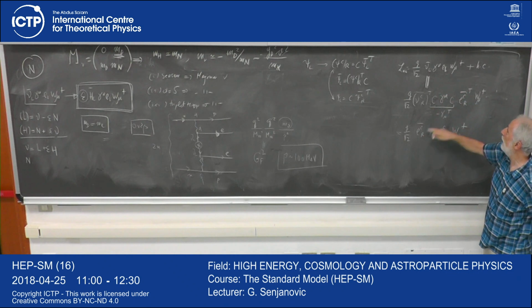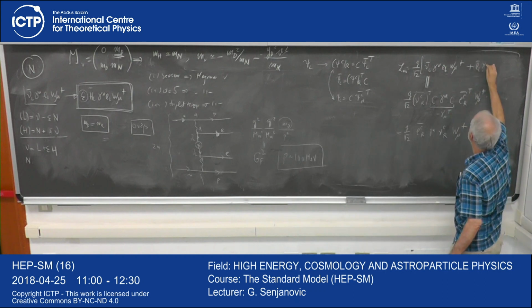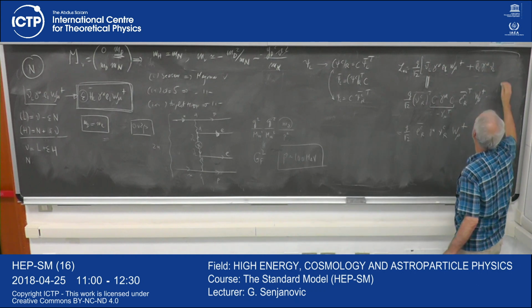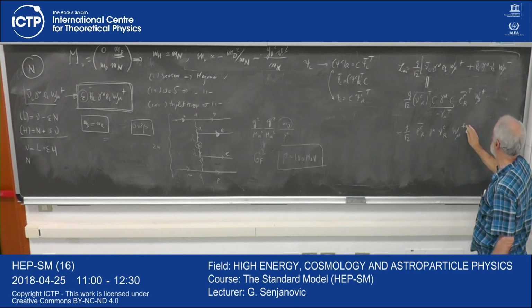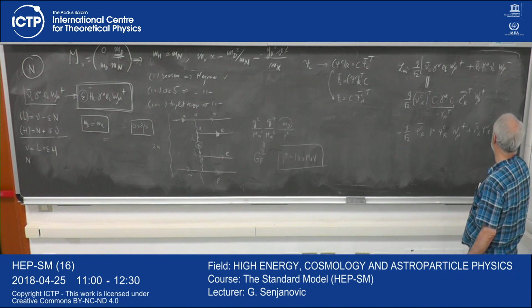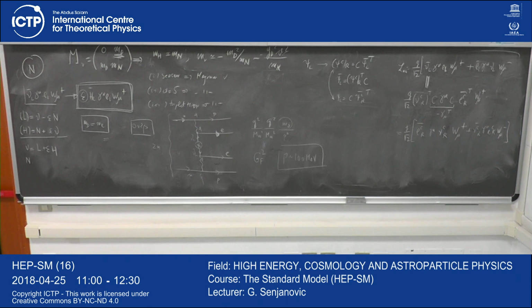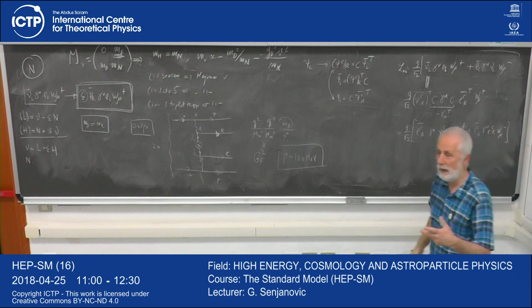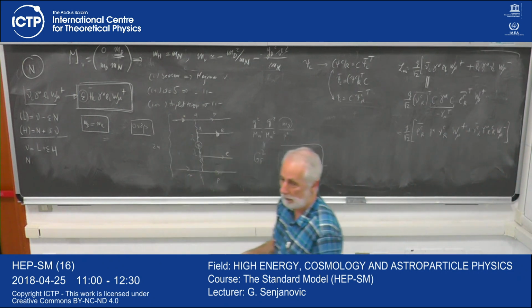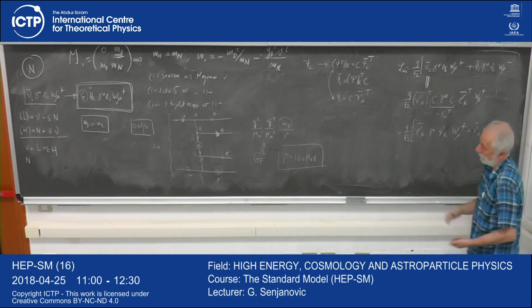Electron going out will be equivalent to the Hermitian conjugate, which is E L bar, gamma mu, nu L, W mu minus, which will be nu C R bar, gamma mu E C R. Let's write it in its full glory. When we speak of particles and antiparticles, it's just safe to remember it's the spinor and charge conjugate spinor. So electron going out is equivalent to positron coming in.